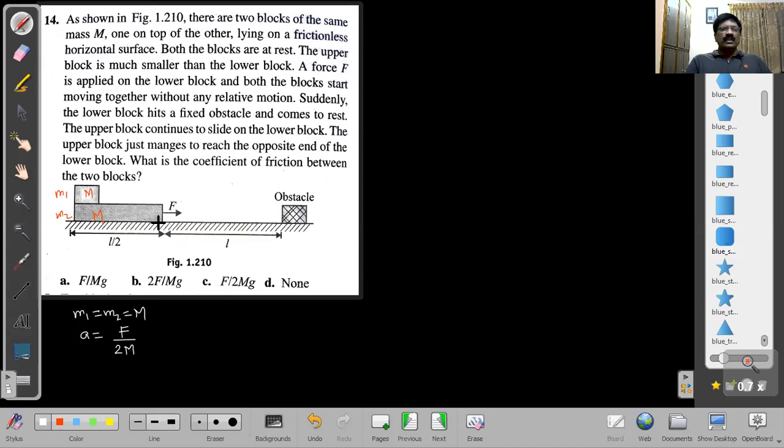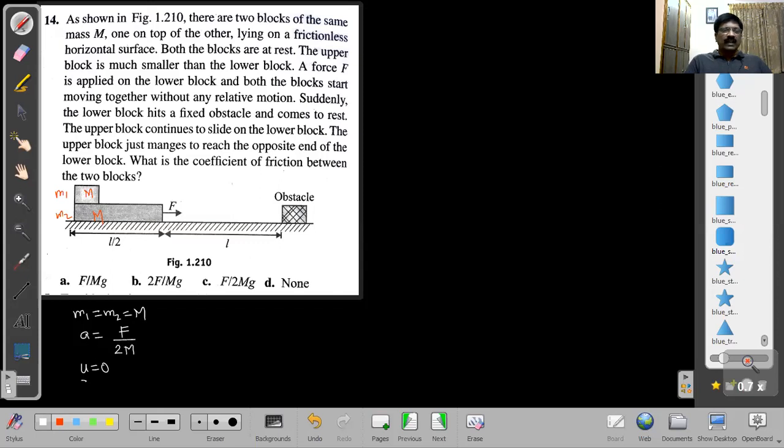Before this lower block reaches the obstacle, what is the velocity of the lower block? Whatever the velocity of the lower block, the velocity of the upper block is also the same. That's why the initial velocity of the two blocks together is 0. The force applied on the lower block makes the two blocks move with acceleration A equal to this.